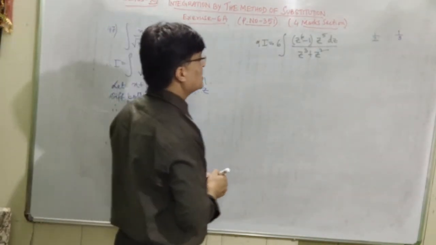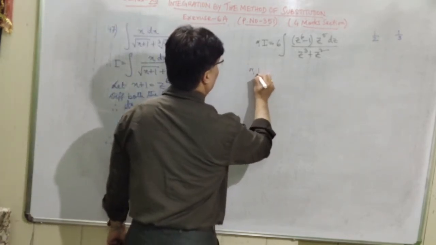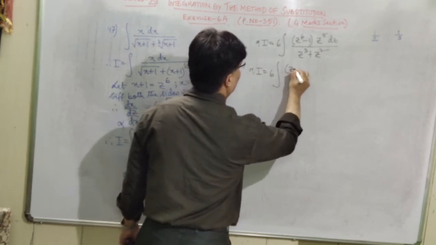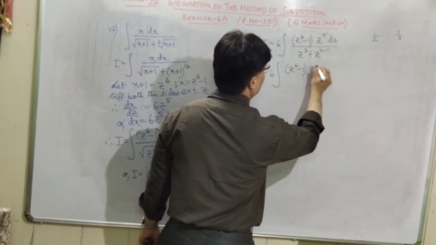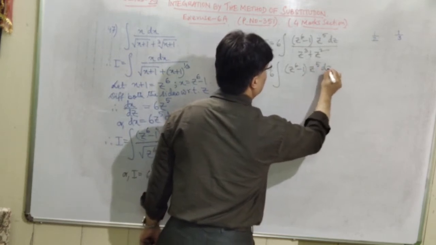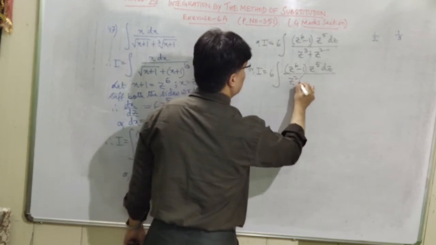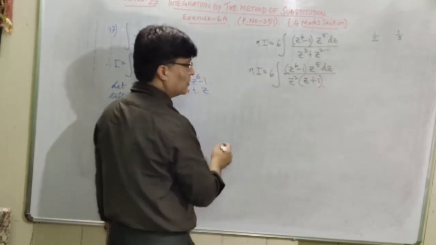So now in this case, in the denominator you can take common, I is equal to 6 integration of z to the power 6 minus 1 into z to the power 5 dz divided by, what is common out here? It is z square. So it is z plus 1. Okay.